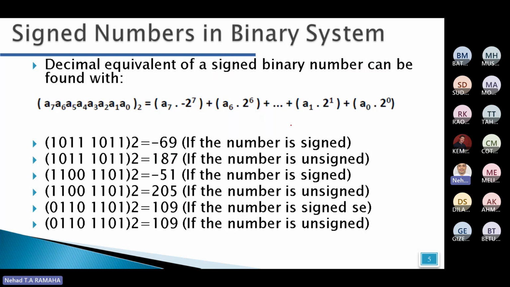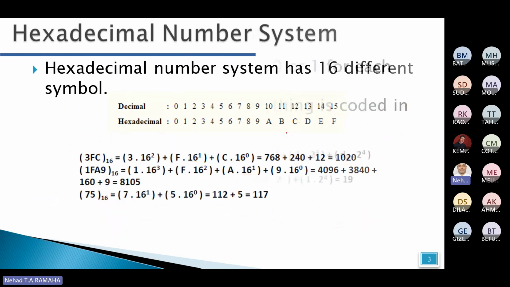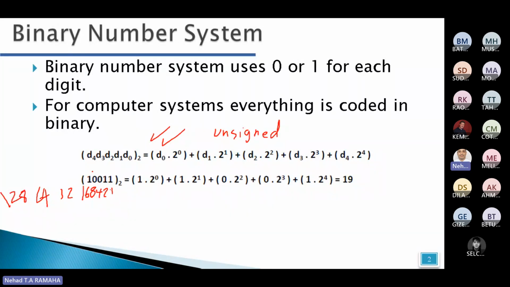Okay, now when we speak about signed binary, this one works if it's unsigned. But what about signed? If this is signed, this is not part of the number, it's the sign, yes?